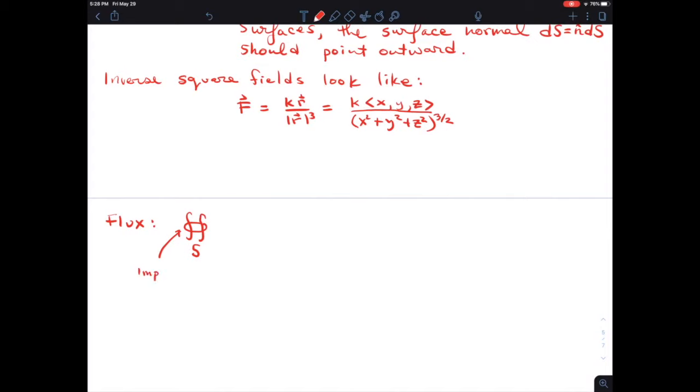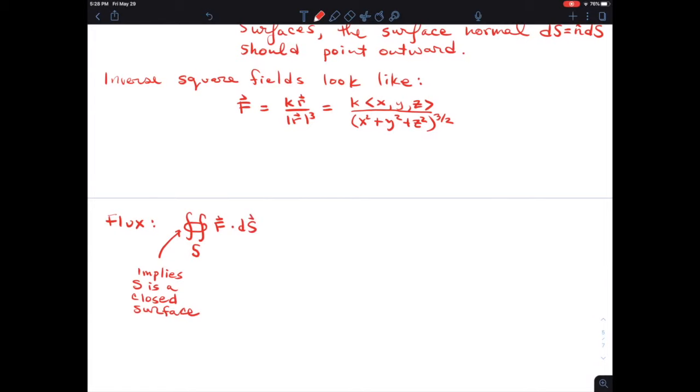That's standard math notation. Okay. And the surface integral for flux is F dot dS, like that.